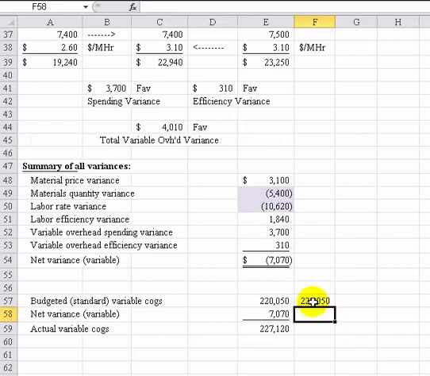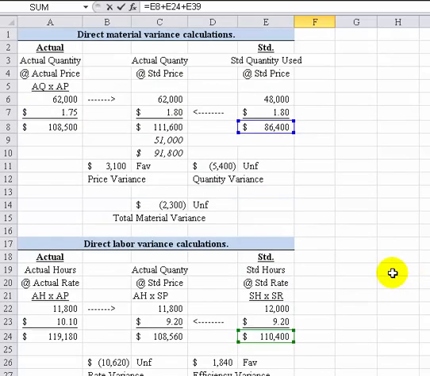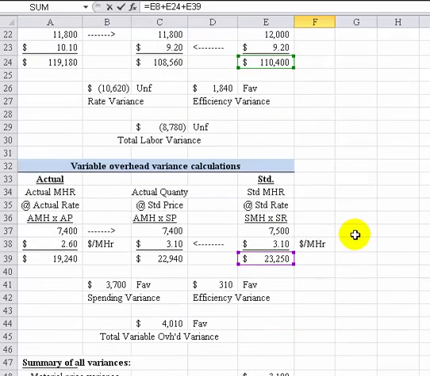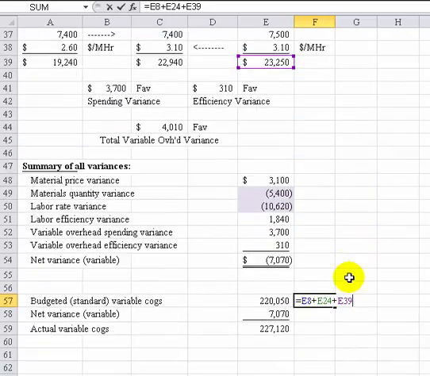Okay, now what I did is I calculated that, and all I did is I took the sum of all the standard variances we already calculated. So for materials, the standard called for 86,400, for direct labor 110,400, and variable overhead was 23,250. If you add all those up, that's where the 220,050 comes from.